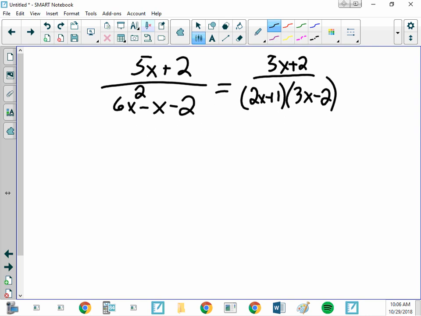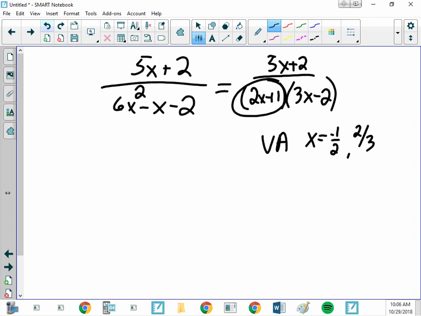No. Okay. Does it have any vertical asymptotes? Yes. Where are the VAs? x equals -1/2 and 2/3. If they cancel, it's a hole, which it didn't. If it doesn't cancel, then it's a VA.